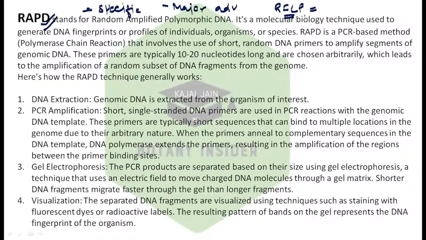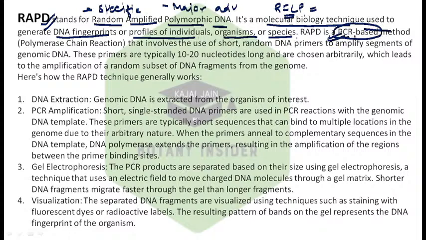Okay. In case of RAPD, it is random amplified polymorphic DNA. It is a molecular biology technique which is used to generate DNA fingerprints or profiles of individual organisms and species. It is a PCR based method. It is the most important point here that it is a PCR based method, meaning a polymerase chain reaction based method, which involves the use of short random DNA primers, which are used to amplify segments of genomic DNA.